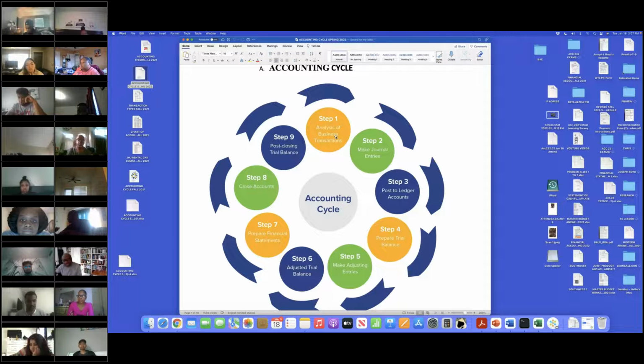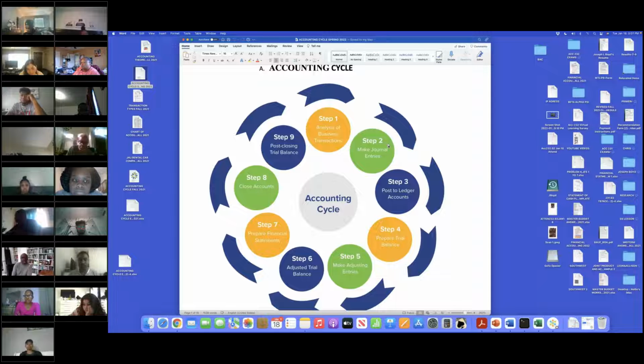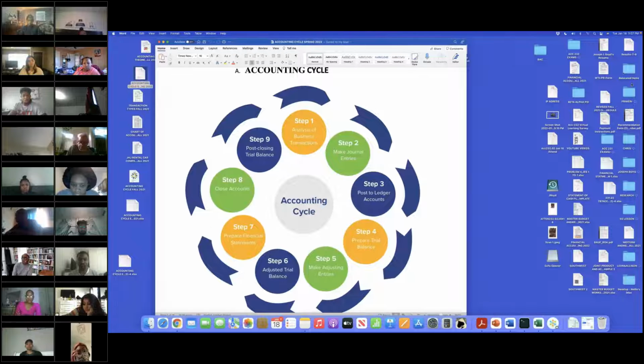And as I said earlier, everybody in here will have to analyze a transaction and make a journal entry next week. So you've got this week off, but your first 10 homework points are coming based on you analyzing a transaction and making a journal entry, telling me what that journal entry is.